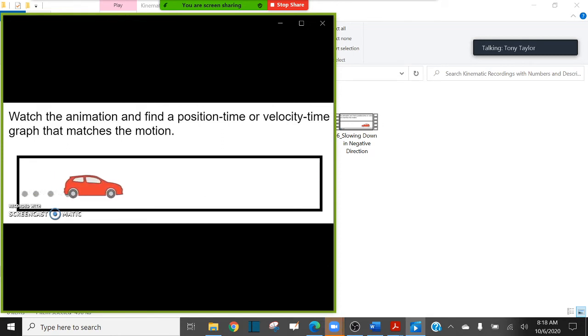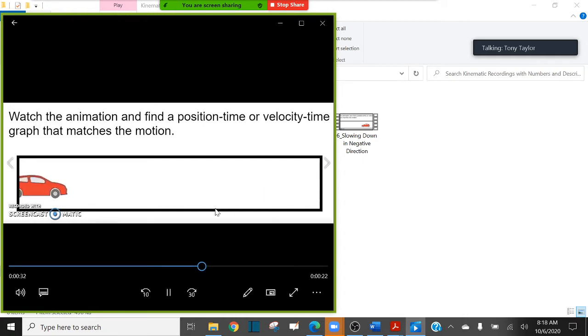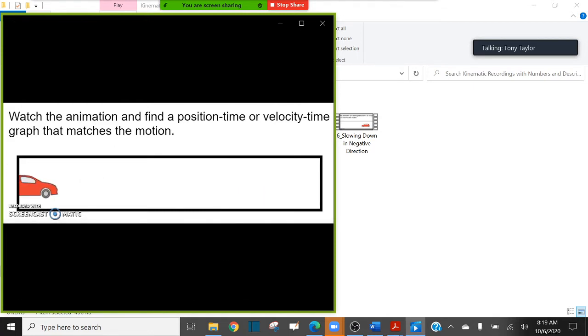One, it's moving in the positive direction and it's speeding up. So it's speeding up while moving in the positive direction. That means when we look at our position time graph for this situation, we better notice two main things. We want to see a trend that is going uphill, because going uphill means moving in the positive direction. And we also want to see a curve that's becoming steeper with time.